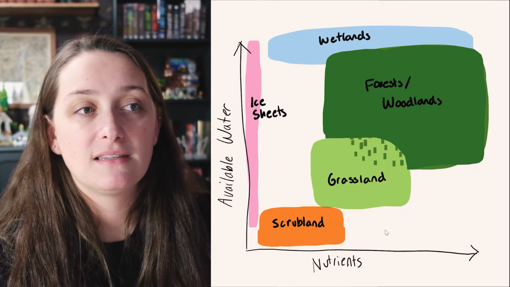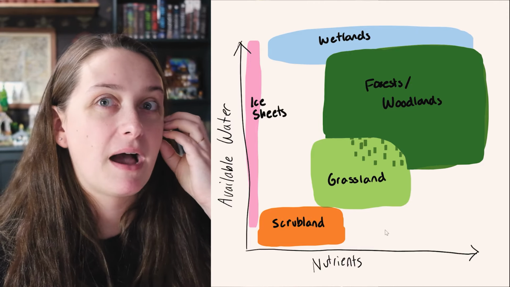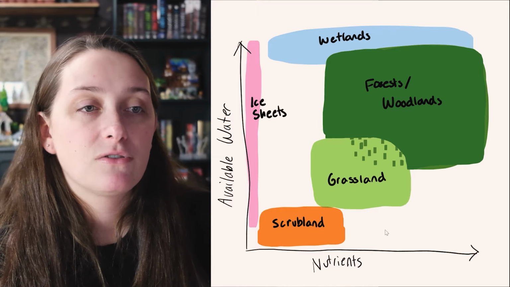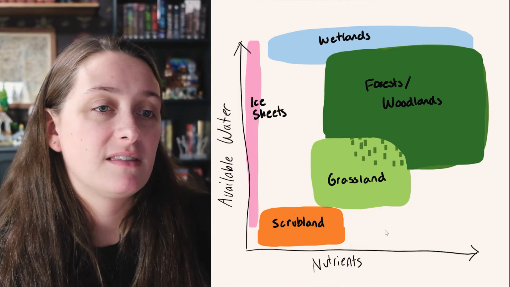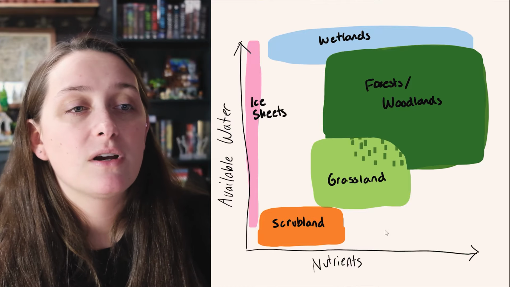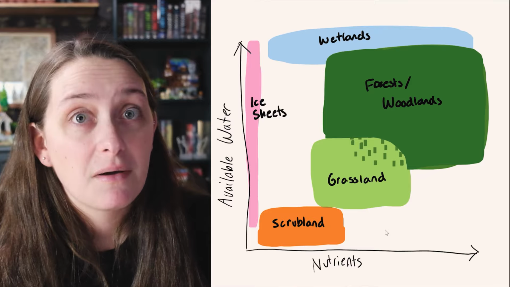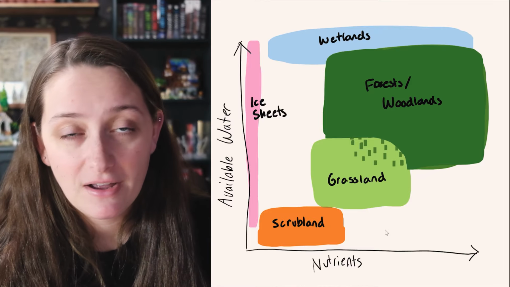And again, these are high-level types. These aren't the actual biomes we're going to map, but the biomes we map will all fit into one of these categories. But the scrubland biomes are going to be dominated by scrub, which is essentially where it's too dry or frozen for other types of vegetation. And this is where you're going to have the least water available. Some scrubland biomes include things like deserts, tundra, etc.